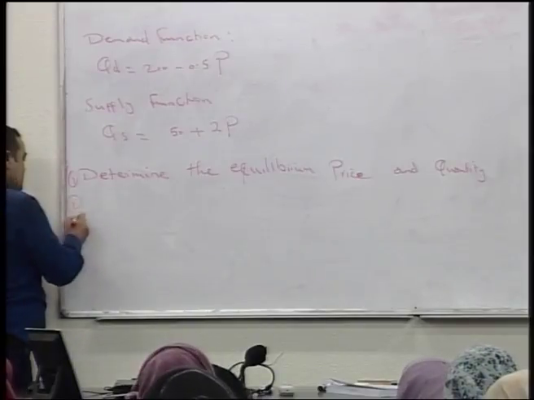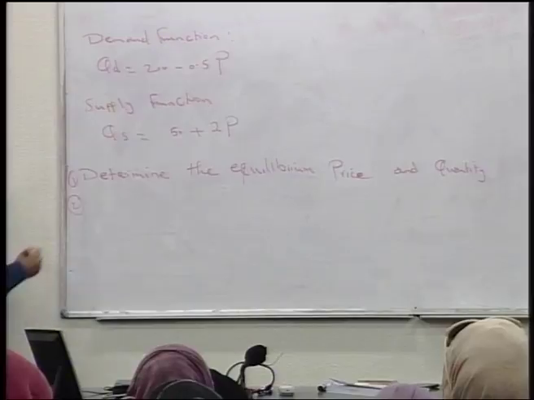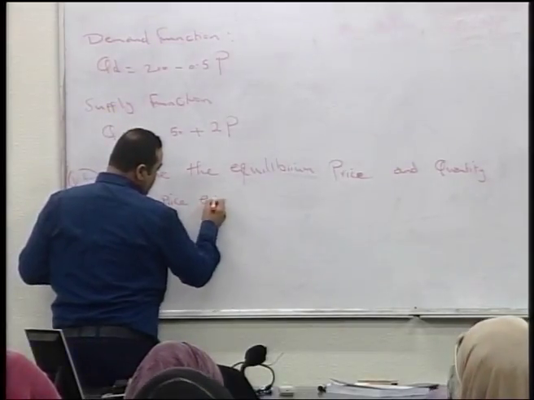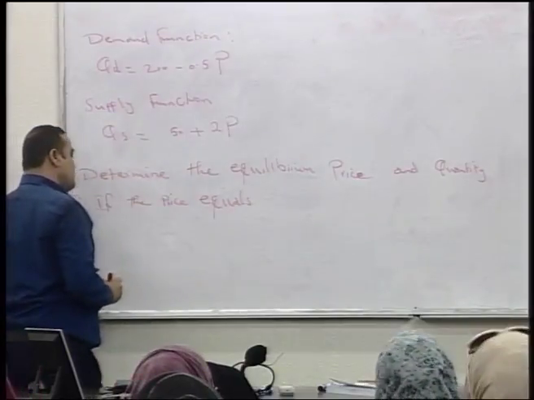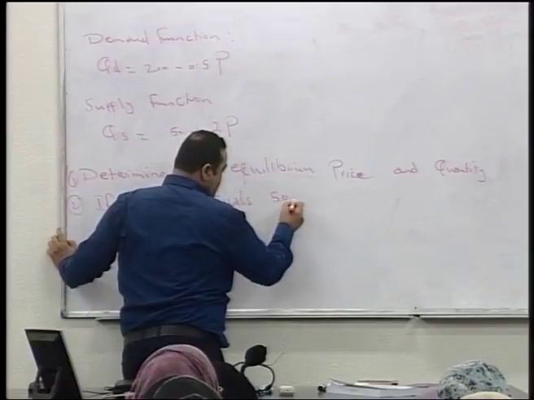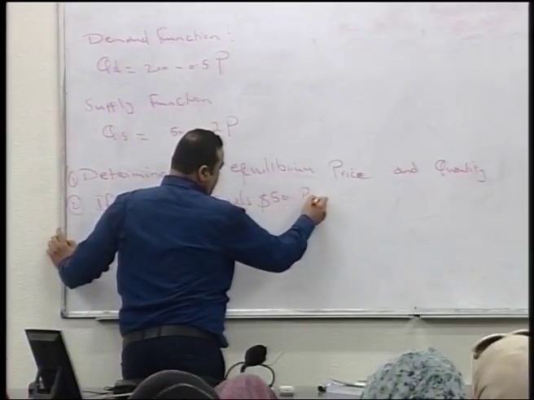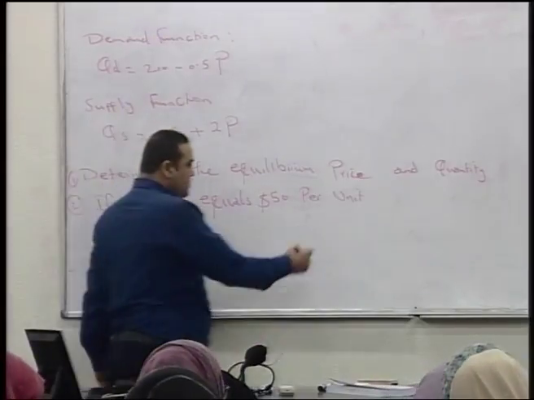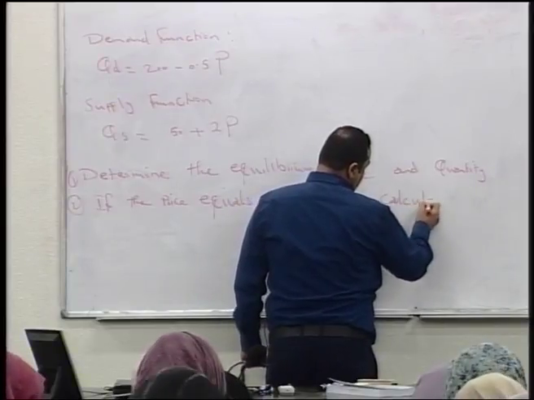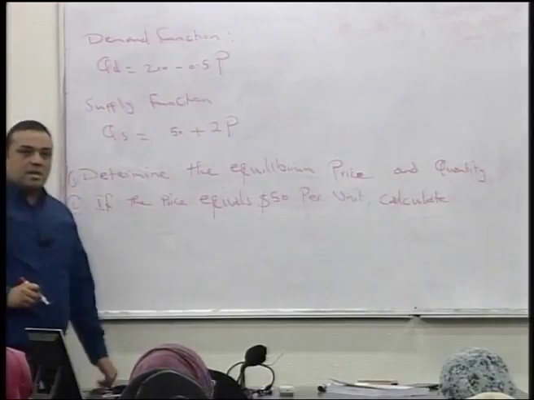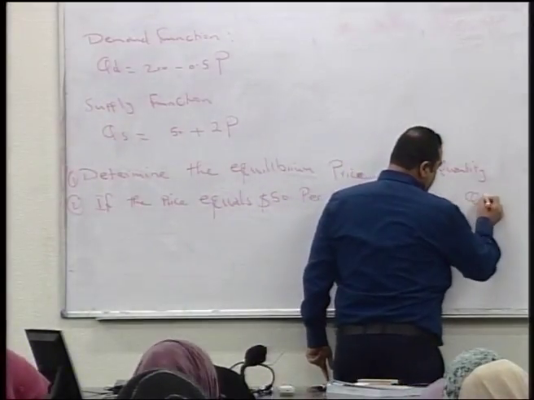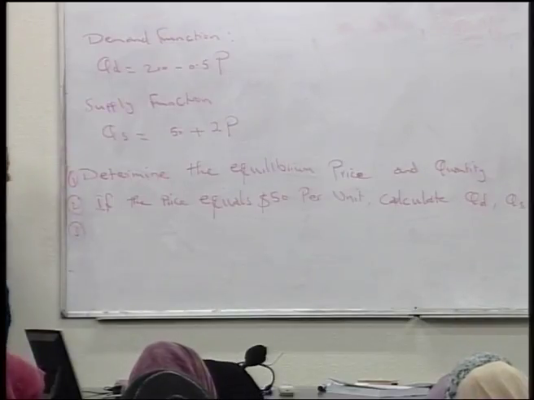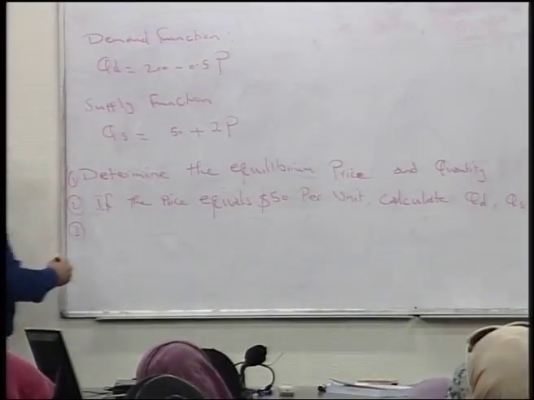Number 2, if the price equals 50 shekels, 50 per unit, calculate the quantity demanded and the quantity supplied, QD and QS. What is the market status here?